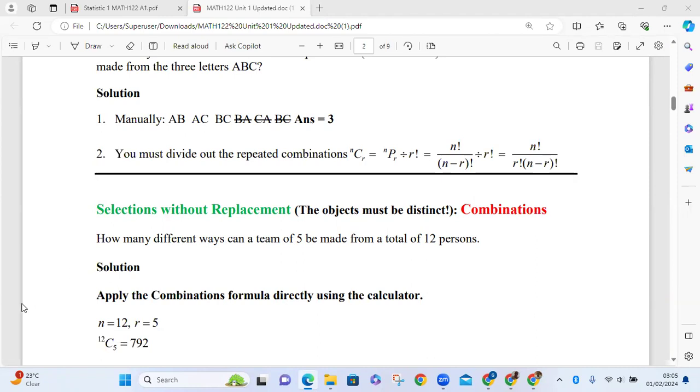So that would be 12C5, or you can say 12 choose 5. You're choosing 5 from 12 randomly. So there are 792 selections or choices, or combinations of 5 teams from a total of 12 persons.